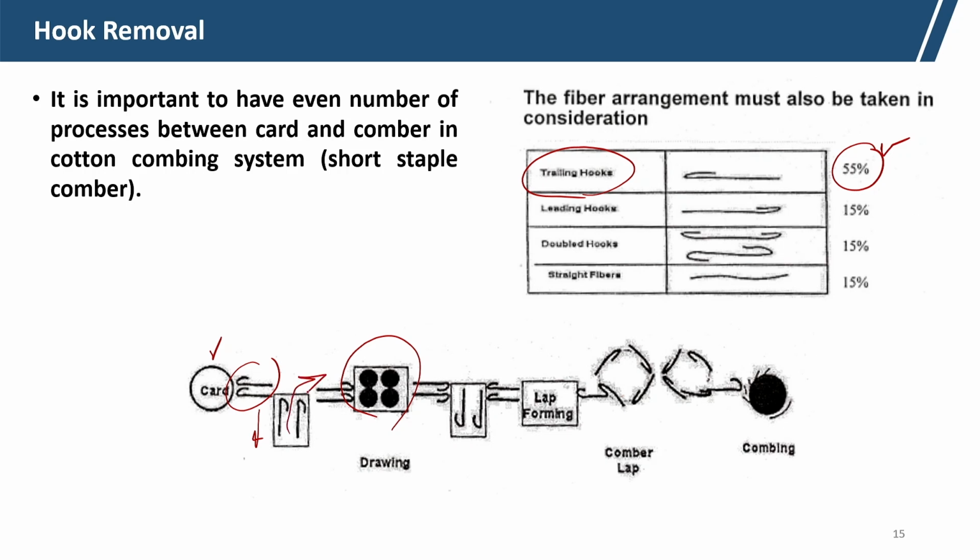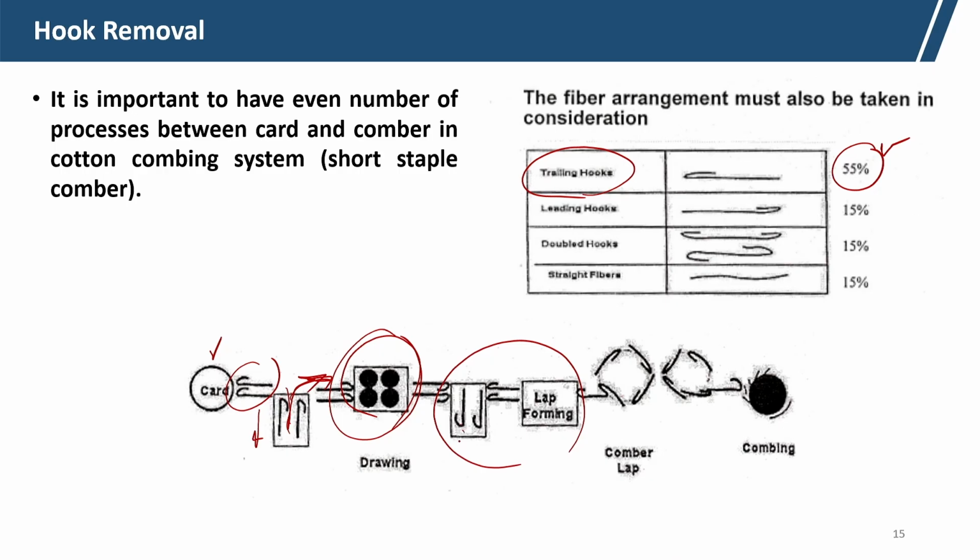From this can, the sliver comes from the other side, and the one which has entered at the later time will be removed first. So, it is fed in the leading hook direction, and here is the lap formation zone.